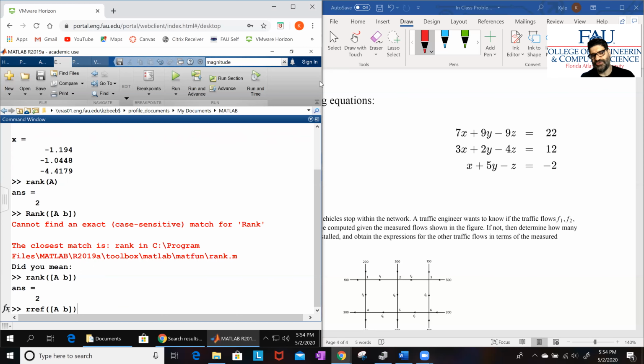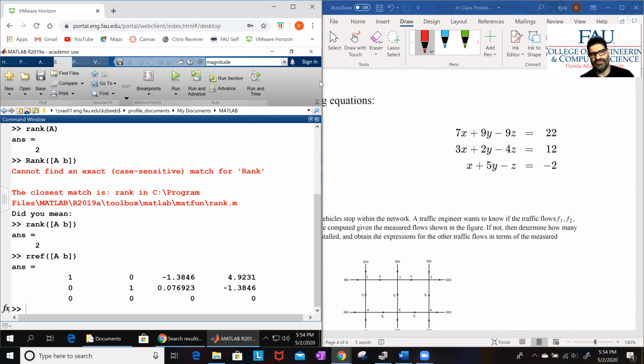It's going to reduce our equations from 3 equations, 3 unknowns, to 2 equations, 2 unknowns. Just notice what happened in here. Look at the third equation that we get here, 0, 0, 0, 0. So we don't really have to worry about that.